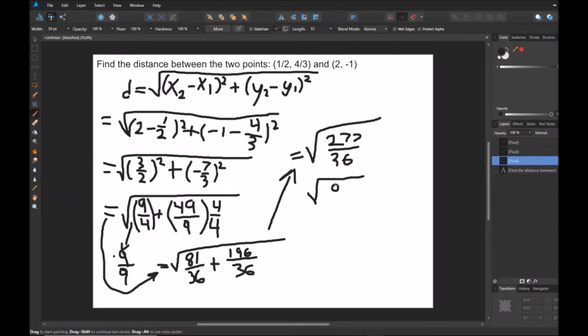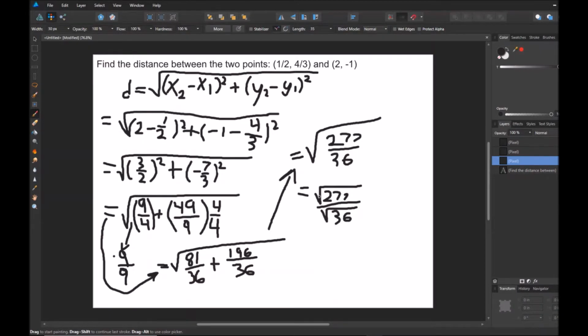Now, a property of square roots, if you didn't know this, it's similar to the exponent one. If you have a variable a over variable b, and the square root is being taken of them both like this, it's the same thing as saying the square root of a over the square root of b. So this is the same thing as the square root of 277 over the square root of 36.